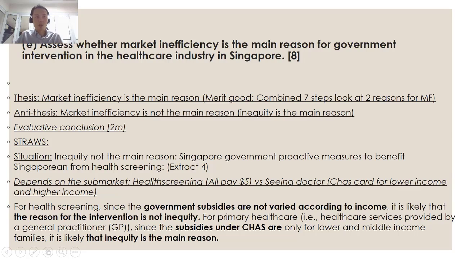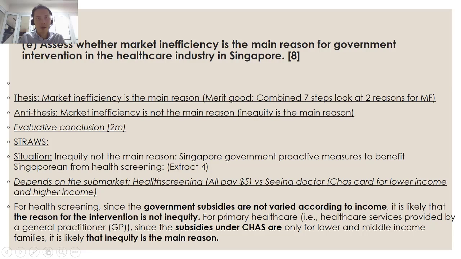In conclusion, what can we say? Well, we can say that inequity might not be the main reason for the Singapore government intervention, because we know that from extract 4, the Singapore government has taken proactive measures to benefit Singaporeans from health screening.